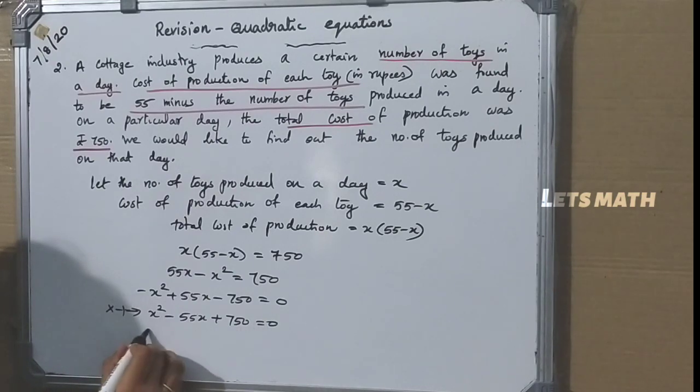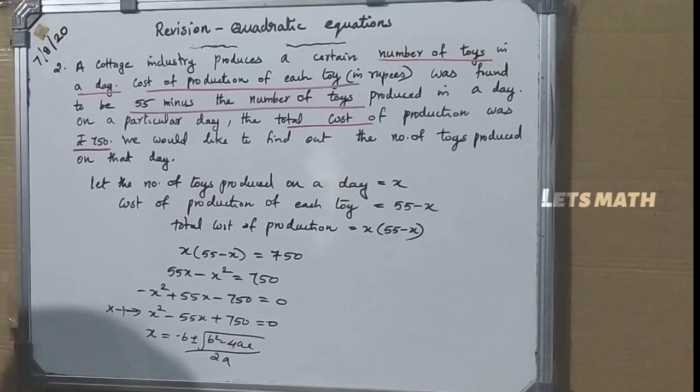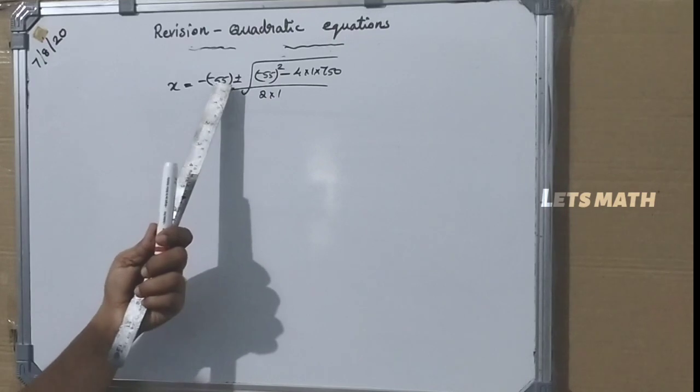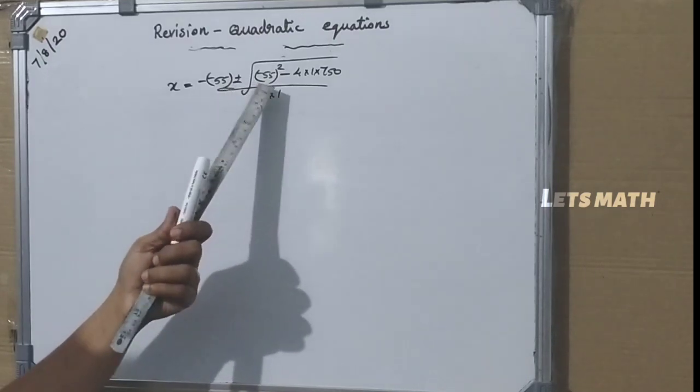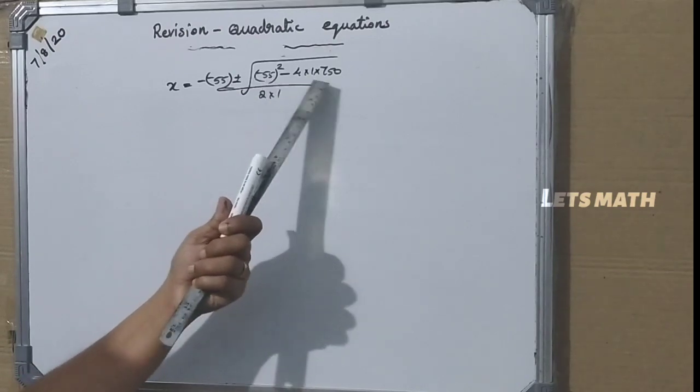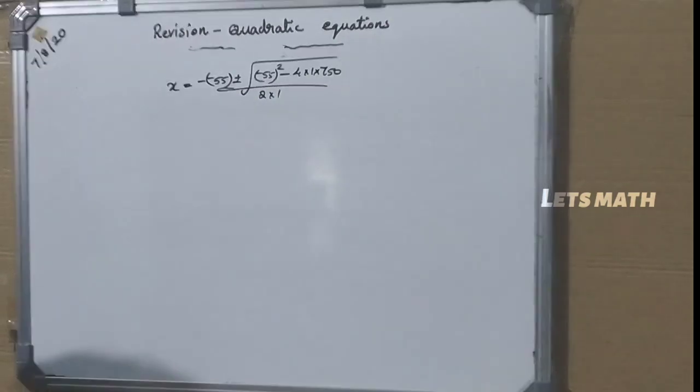equal to 0. Now we use the quadratic formula. Substituting, x equals negative of negative 55 plus or minus root of b square, that is negative 55 square, minus 4 into a into c, by 2a.